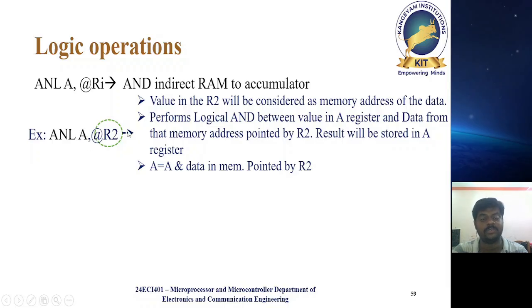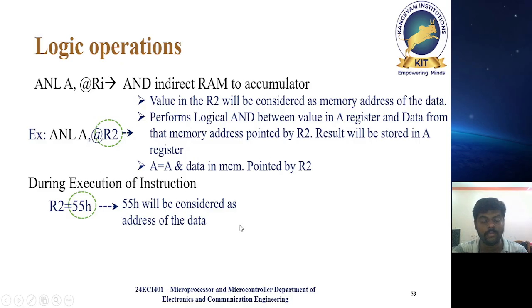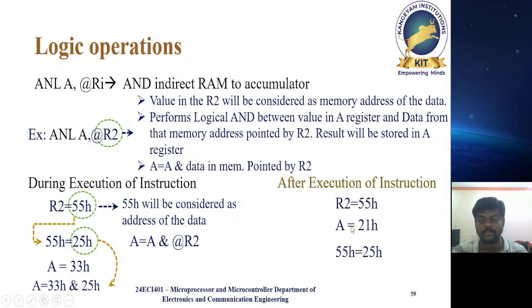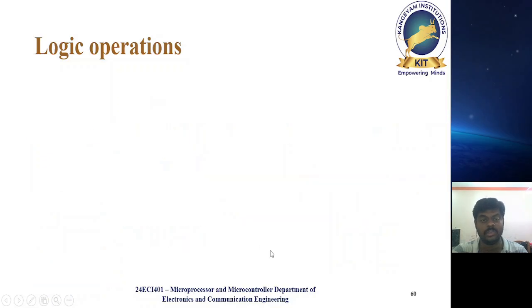A and this data will be operated on. This is the result, and A will be acting as the destination. That means the result will be stored in A register.